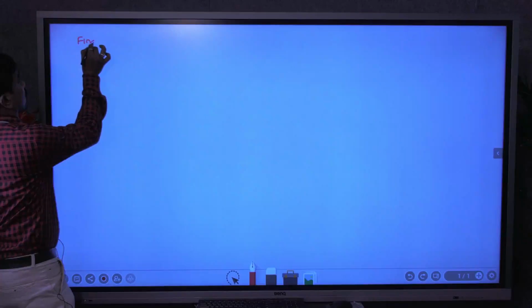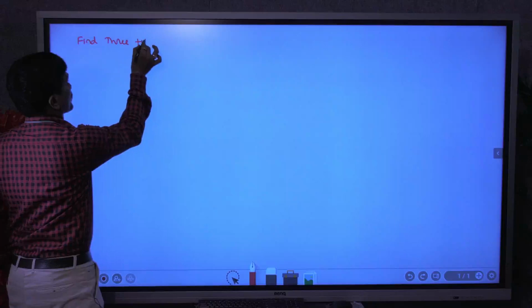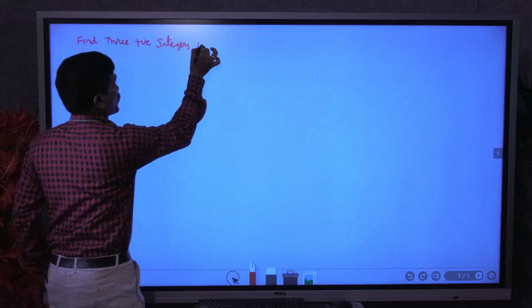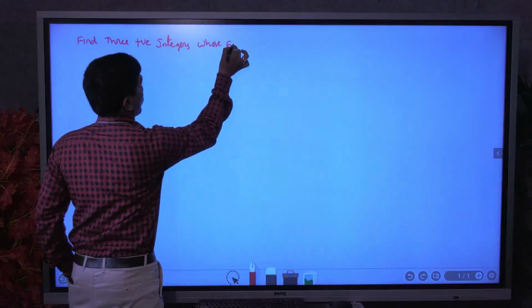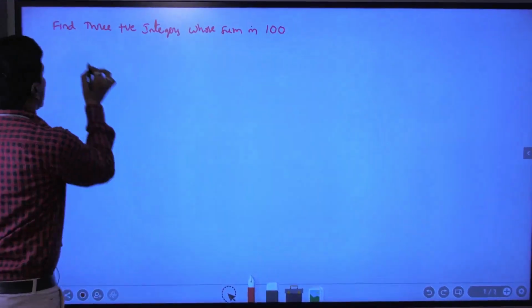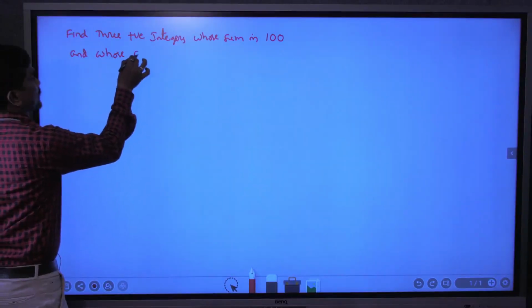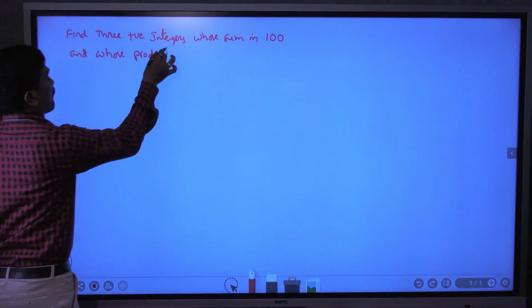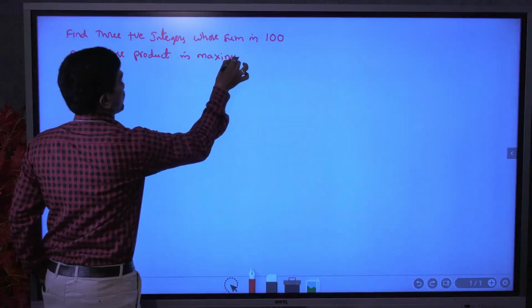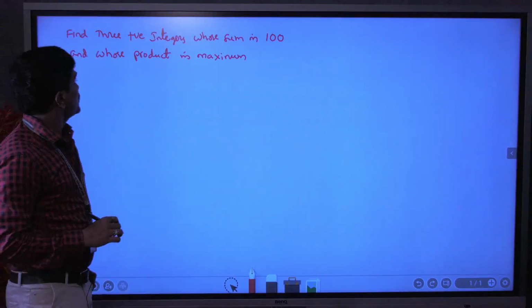Find 3 positive integers whose sum is 100 and whose product is maximum, right? This is our problem.